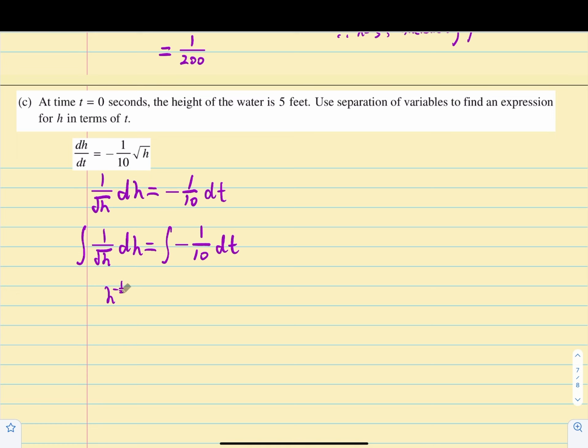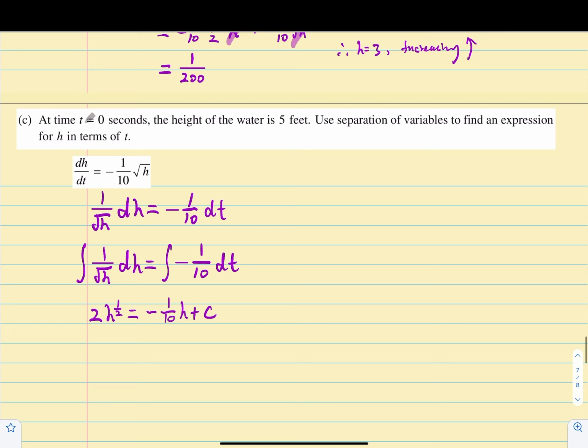On the left side, because this is h to the negative 1/2, the inverse power rule adds 1 to the power and divides by the new power. Negative 1/2 plus 1 is 1/2, so dividing by 1/2 gives 2. This equals negative 1/10 of t plus C. We need to find C, so we put t equal to 0 and h equal to 5 in.